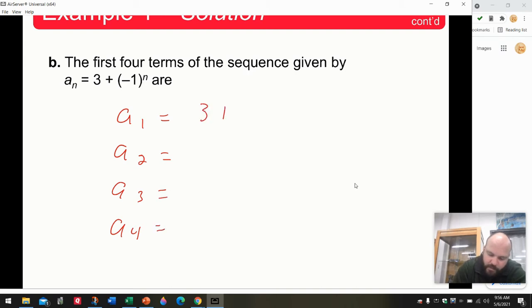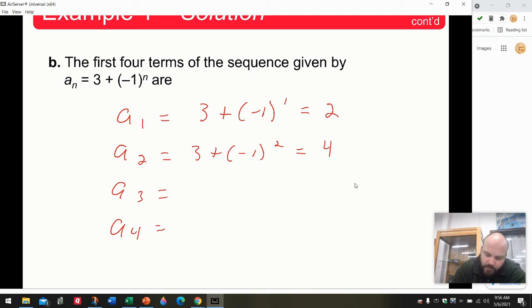So we have 3 plus negative 1 to the first. Negative 1 to the first is negative 1, plus 3 gives me 2. The next one is 3 plus negative 1 to the second. And negative 1 to the second ends up being positive 1. 1 plus 3 is 4.